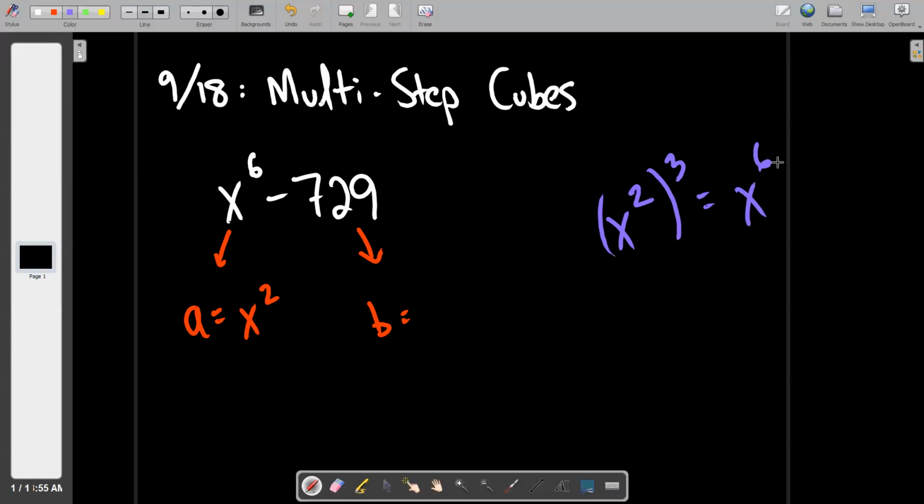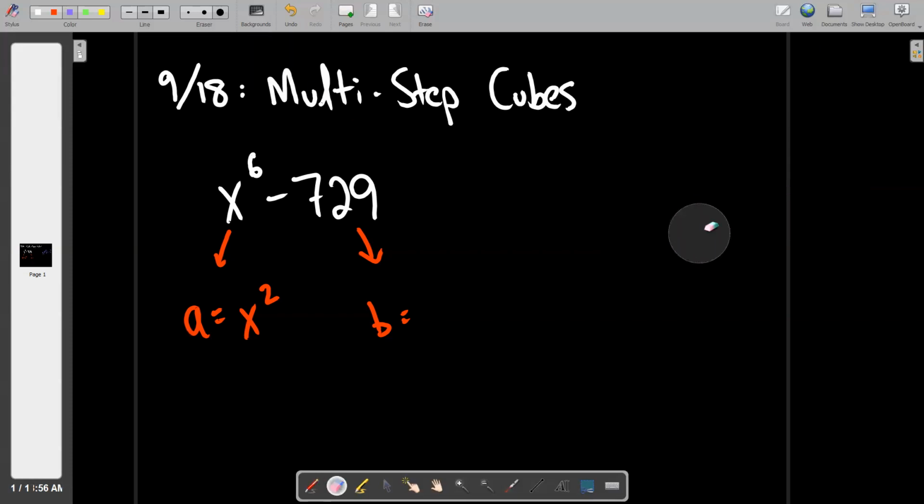So conversely, it ought to make perfect sense why going the other way, we wind up dividing by 3. That's your takeaway: divide exponents by 3 to get cube roots. You'll want to know that. We are not cube rooting 6; we are dividing it by 3, which, because it's an exponent, serves the purpose of cube rooting. What about 729? That's a 9, and so B is 9.